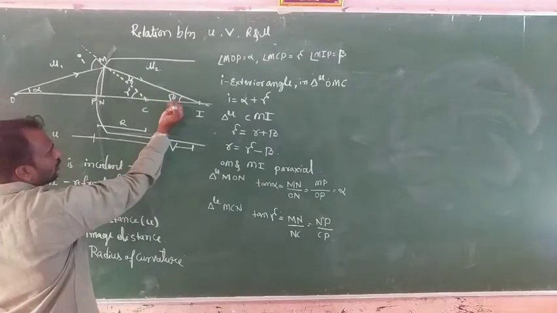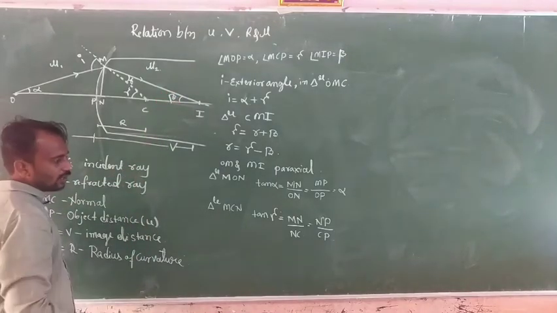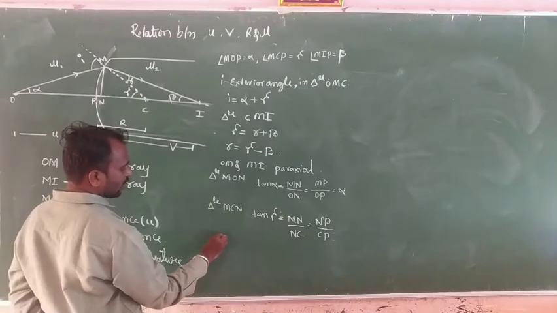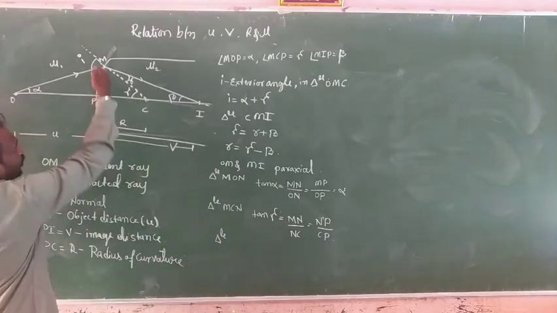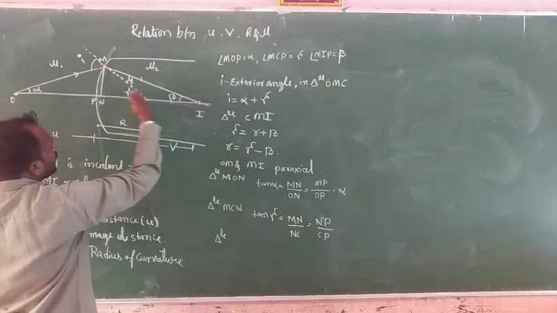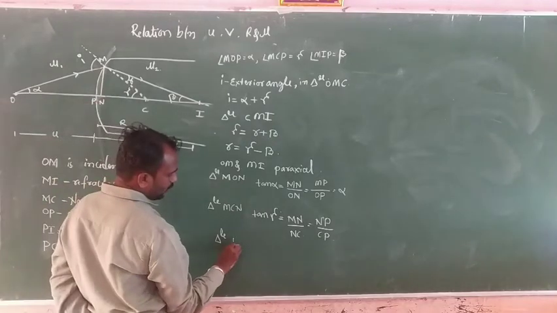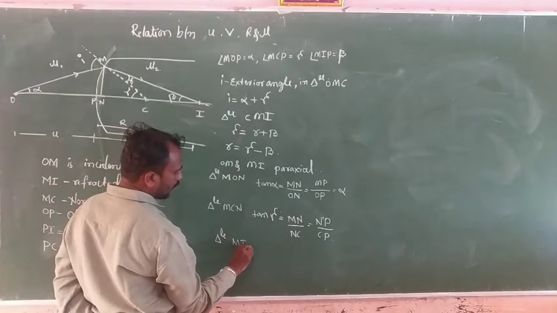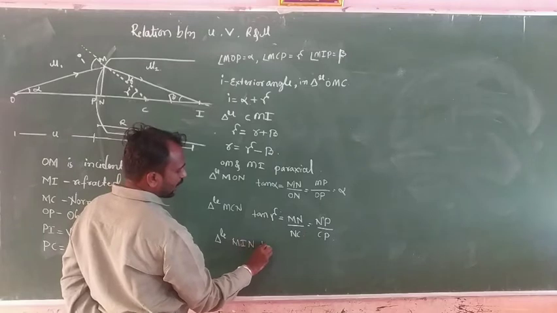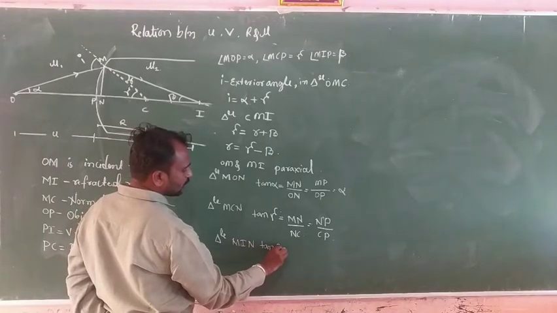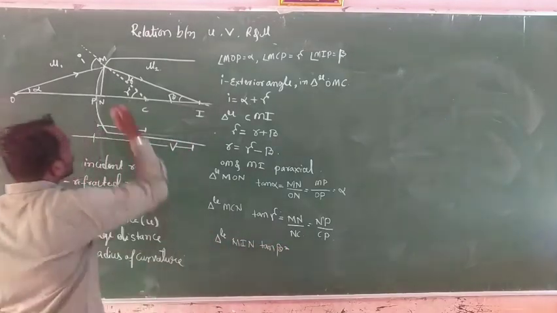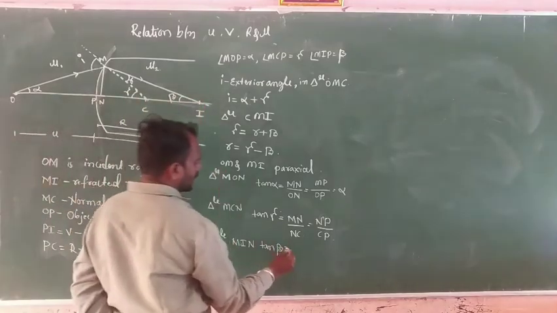Why? Because we want the beta value, so another triangle, MIN. In this triangle we consider tan beta, so tan beta means opposite by adjacent.